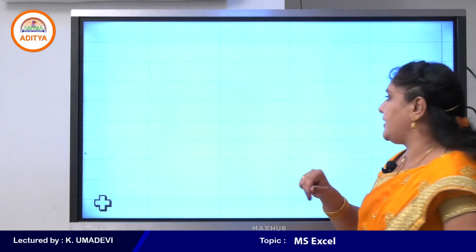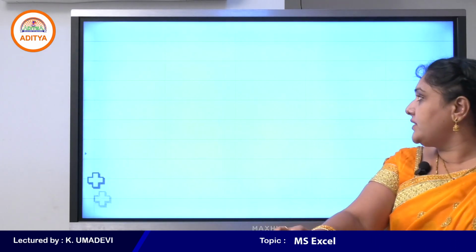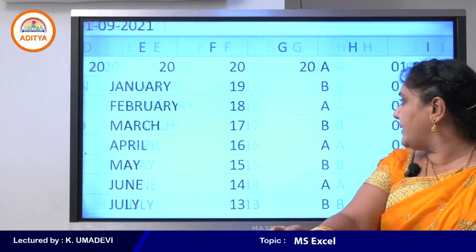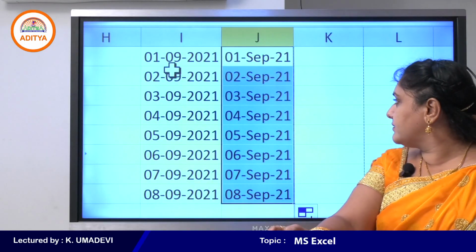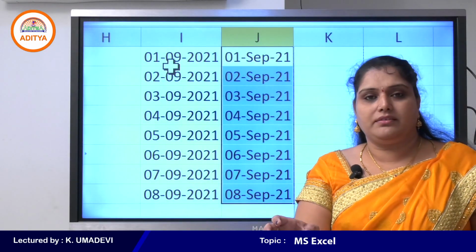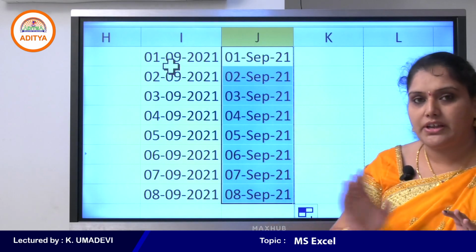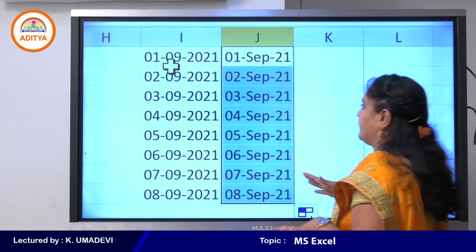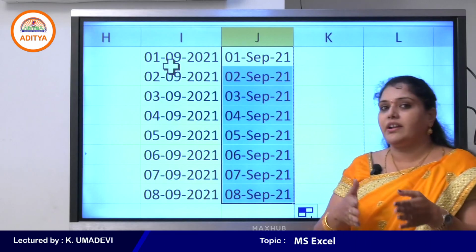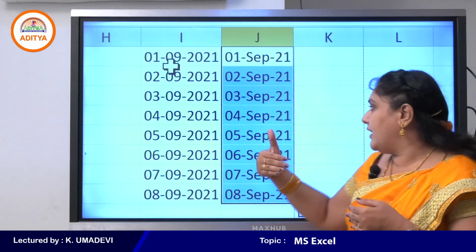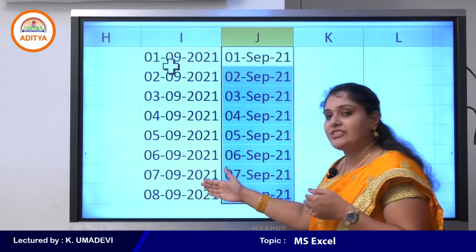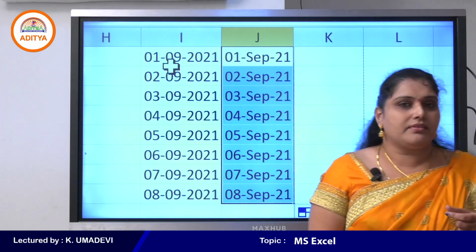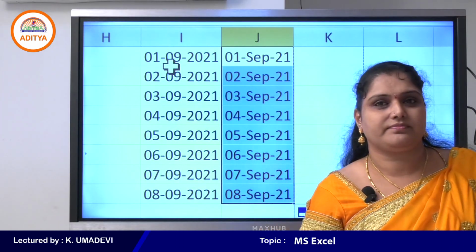You can enter the month name, or else you can enter the number for the month. So these are the two different types of date formats. Okay, we can use the fill handle to click and drag and auto complete the list of dates. Do you understand, students?